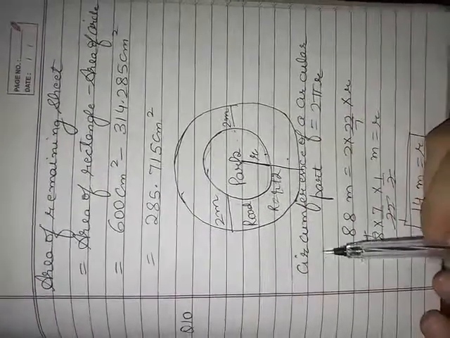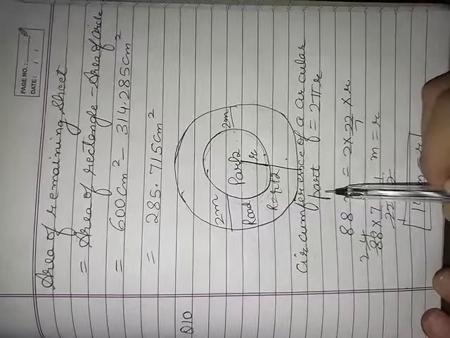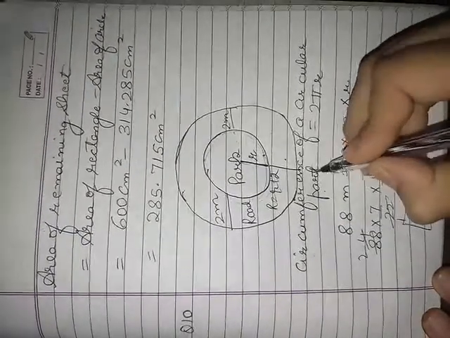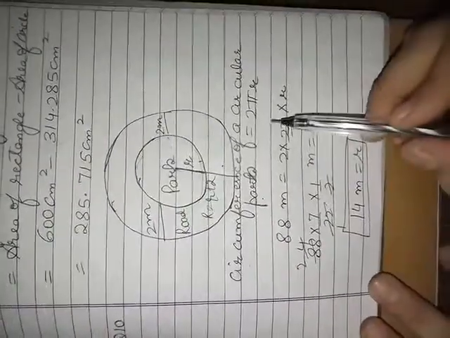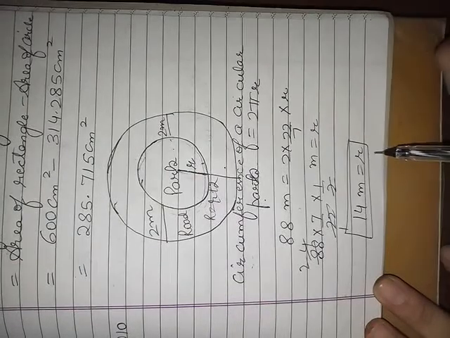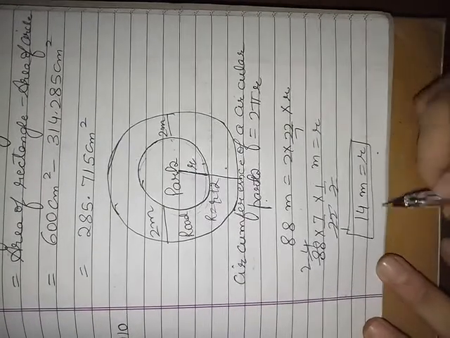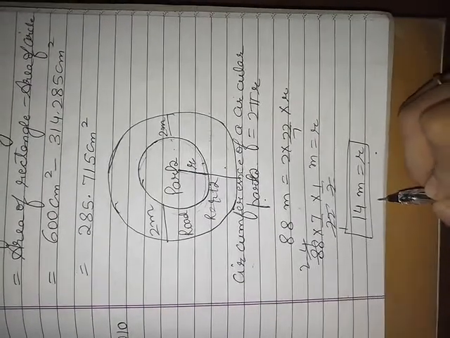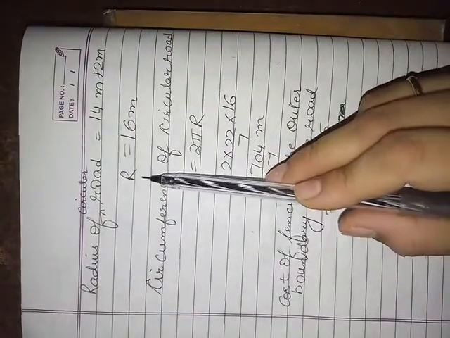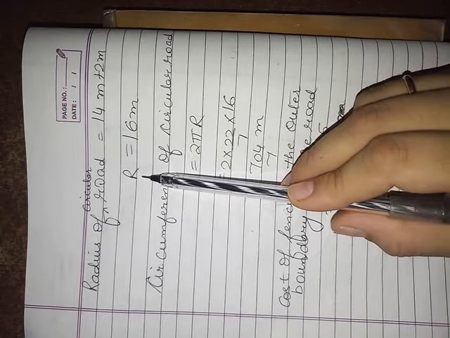So in this question it is given the circumference of the circular park is 88 meter. Use the formula 2 pi r and then find the radius of the park. This r is the radius of the park. Now radius is given. Now we will find the big radius. To find it we will add 2 and your big radius of the circular road will be 16 meter.